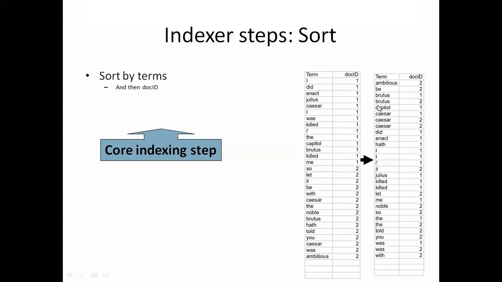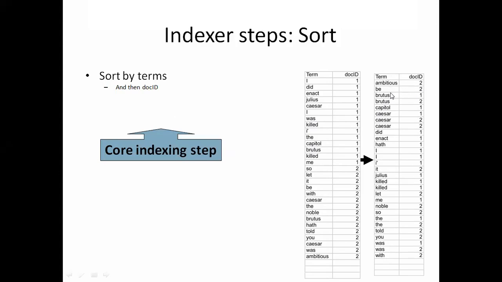So sort by term. We start from A alphabetically, A, B, C, D, and parallelly we write the document ID. Ambitious: the document ID is 2, so that's why we have written 2.